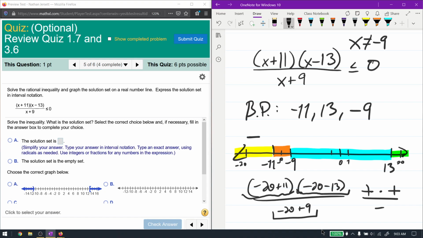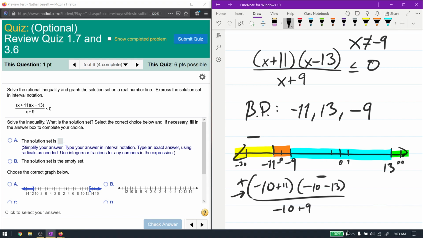So I don't actually have to look at the number itself. All I care about is the sign. If you can test it and figure out what the sign is, then you're good to go. Now we have negative 10 to test here. This first one's going to be positive.